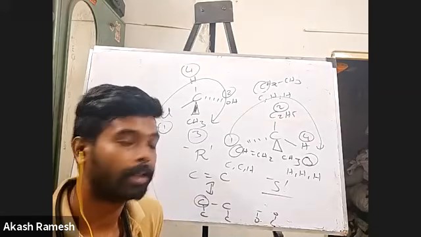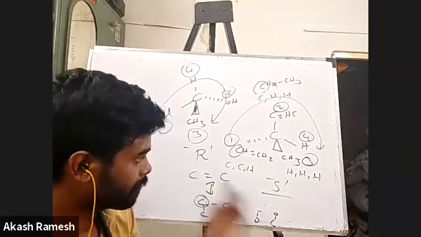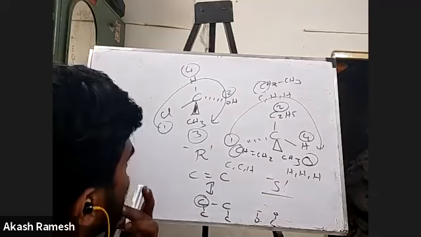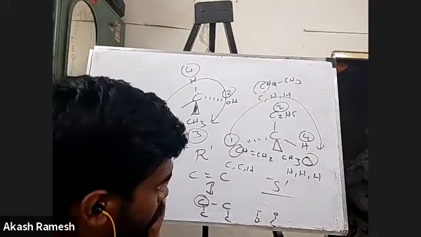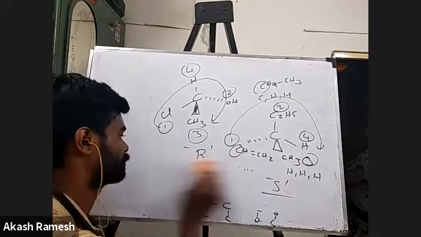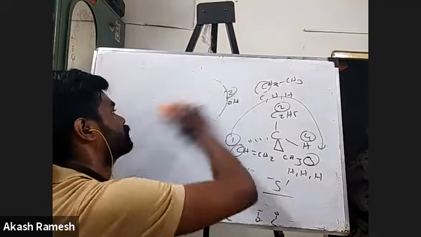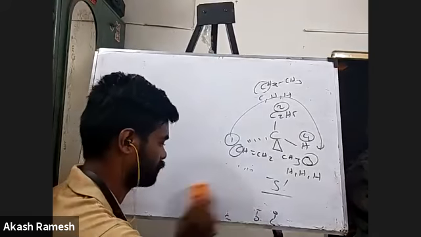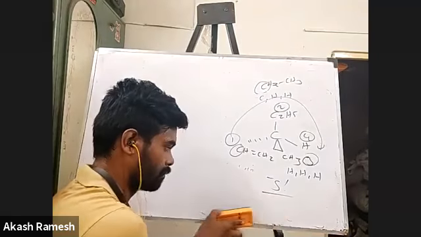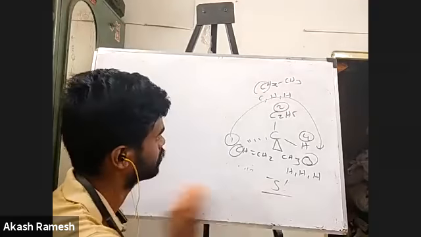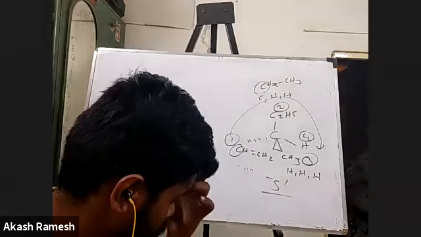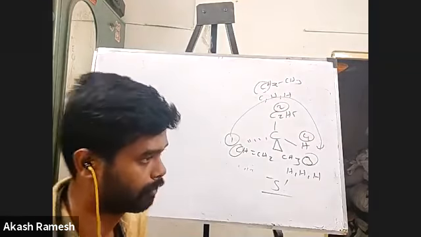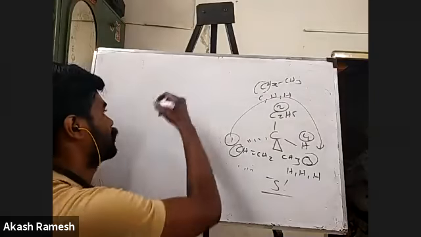Okay, right? Fine. So we'll take a few more examples. Now we'll take some Fischer's formula. Let me take two chiral centers now. We'll see what I have to do.